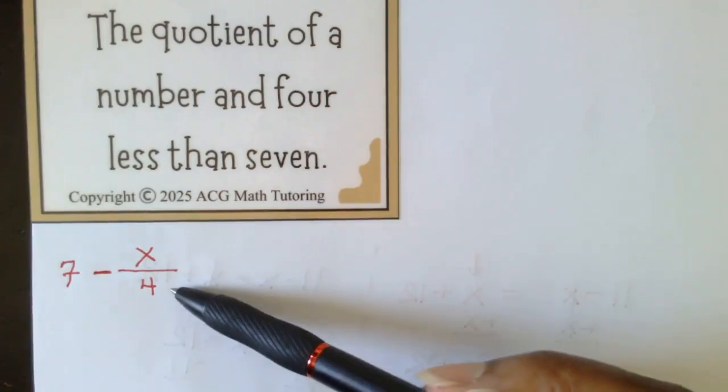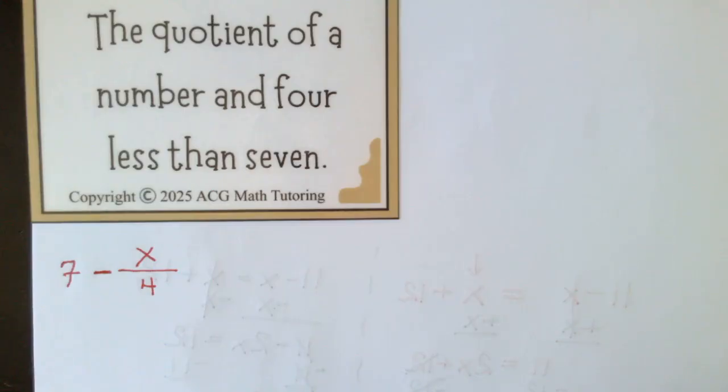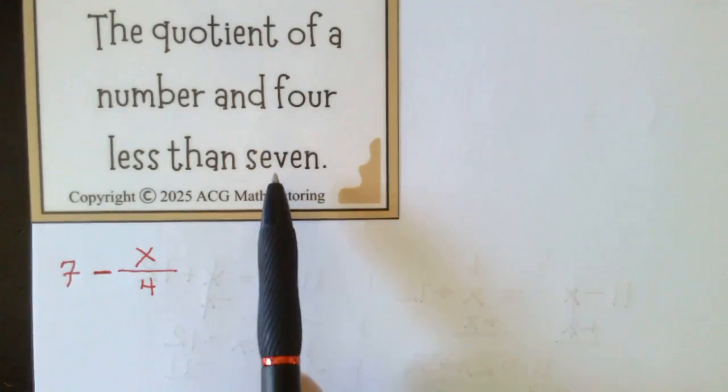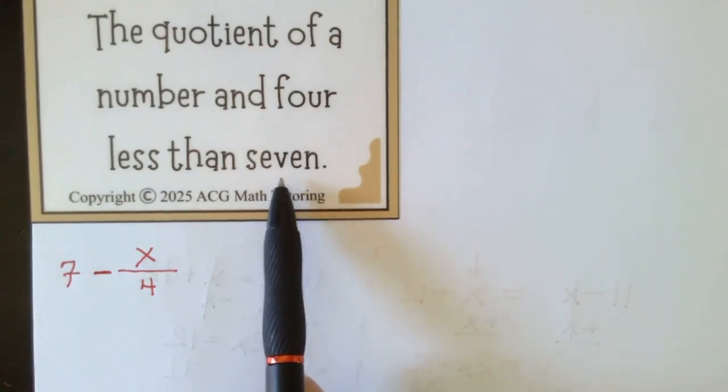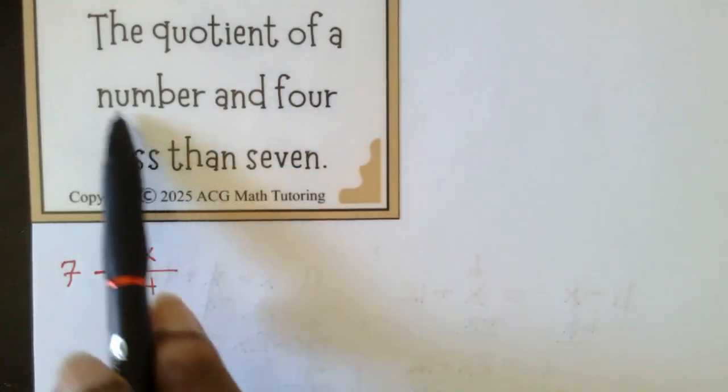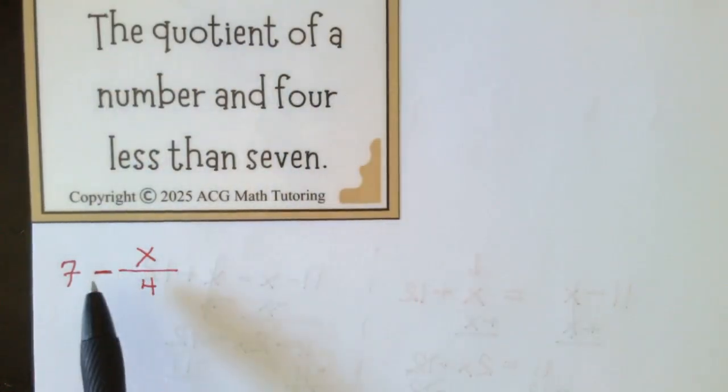So the x over 4 is carrying the minus sign. Okay? So we just have to flip it. So it's not the 7 that's going to be subtraction. It's the quotient of the number and 4 that's going to carry the subtraction. Okay. All right.